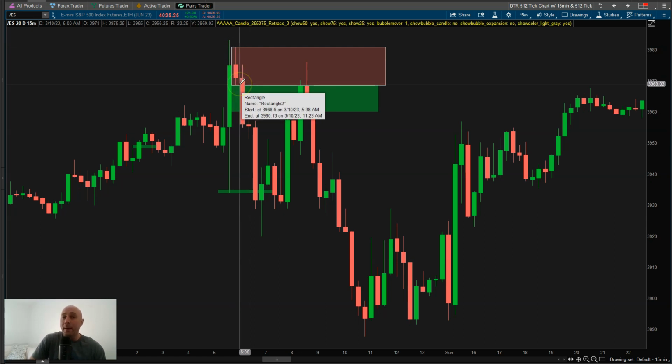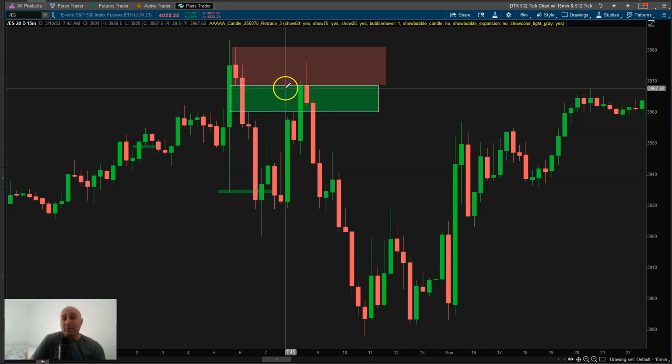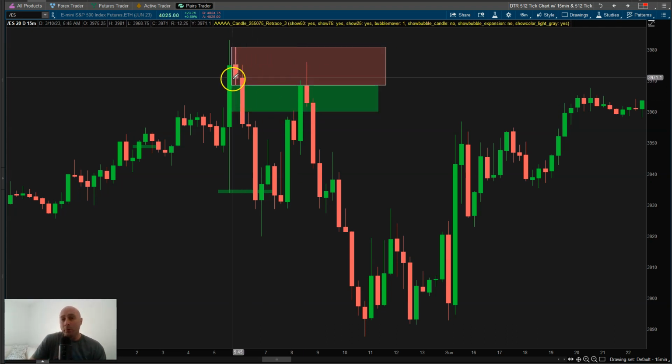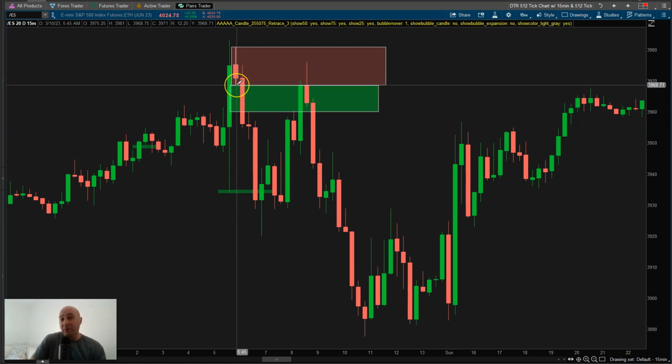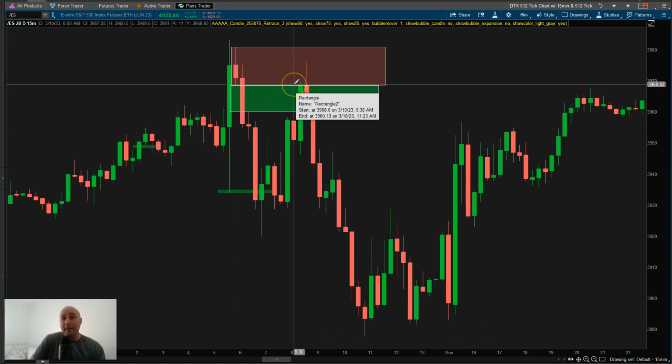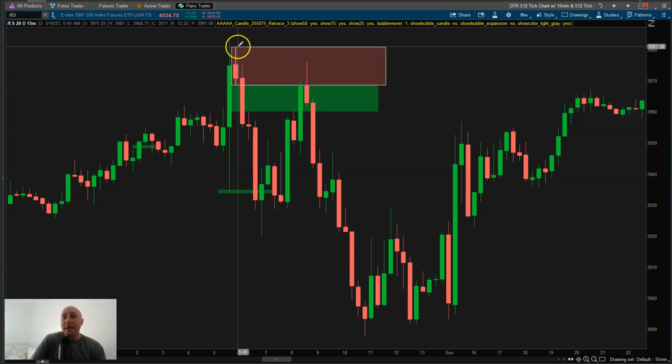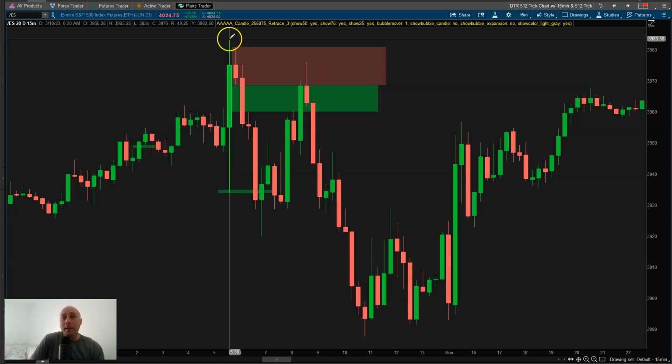The way I love to trade it is to put my order right at the low of the candle, in this case right around 39.69. My stop is going to go above this candle's high, or if there's a new high, just above it.